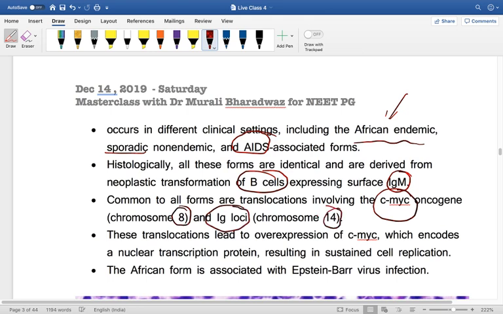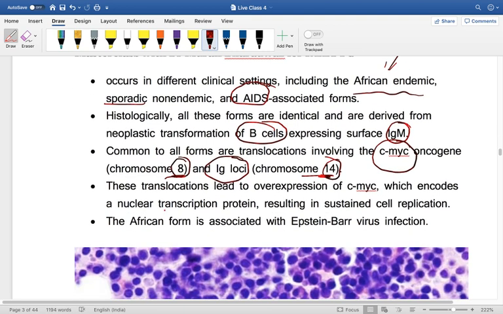So C-Myc oncogene is on 8, Ig locus is on chromosome 14, you should not forget. So whenever the 8;14 translocation occurs, C-Myc starts overexpressing. C-Myc is a nuclear transcription protein that leads to sustained cell replication.